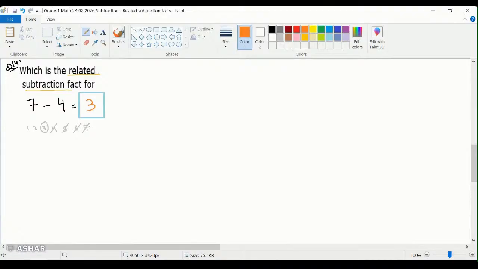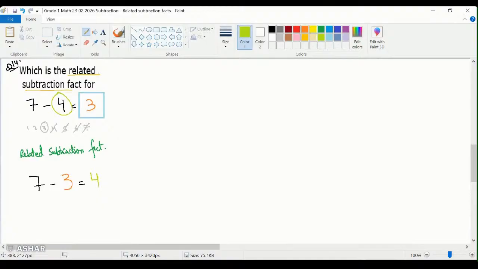That means the related subtraction fact for this given question should be, we simply need to swap the positions of 4 and 3. So what we can say is 7 minus 3 should be equal to 4.